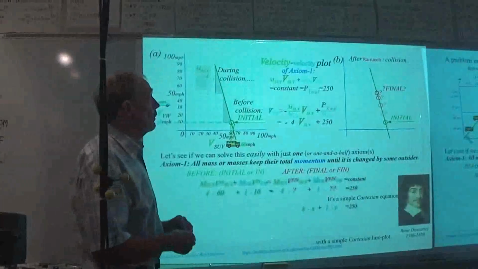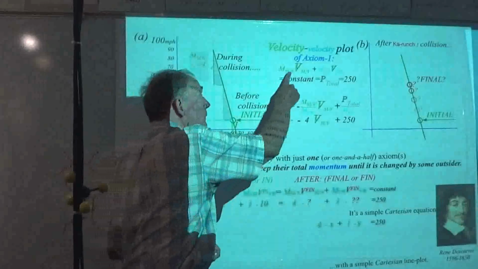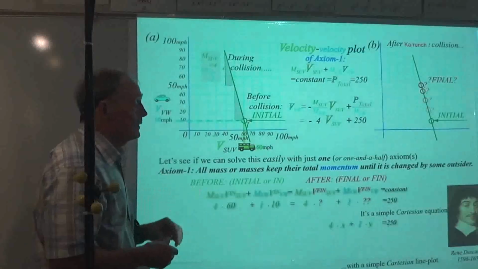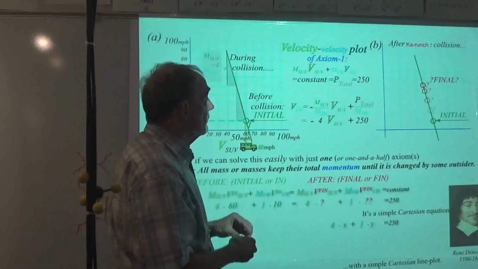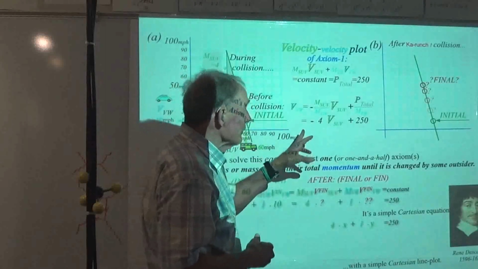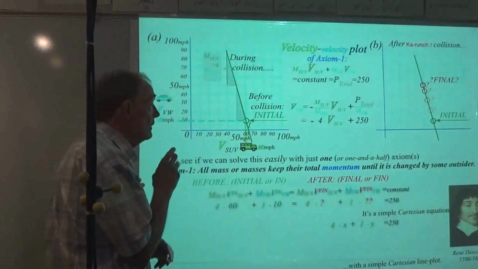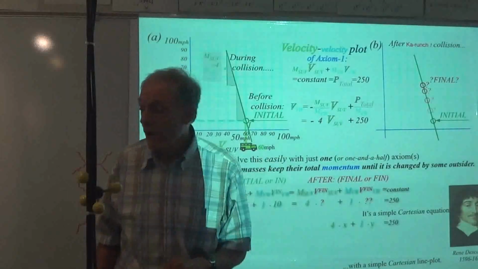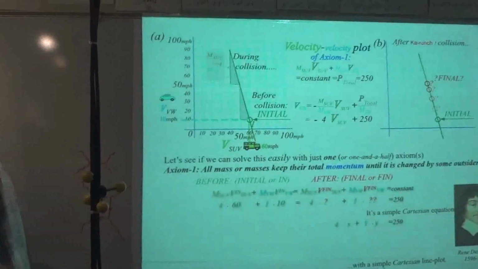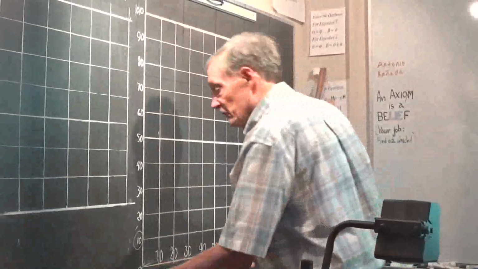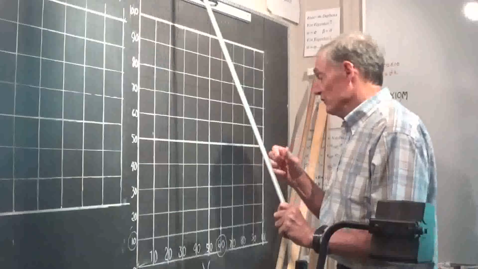We're going to be moving along the line that keeps the momentum constant. That is the simple linear equation that Descartes would like. So, what we do in order to do that is draw a line that slopes with the ratio of their masses, actually negative times the ratio of their masses.